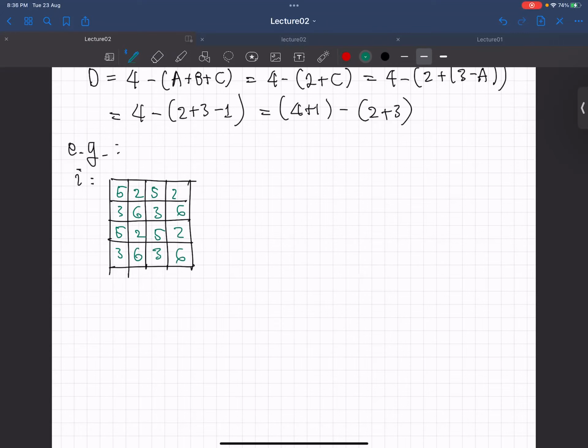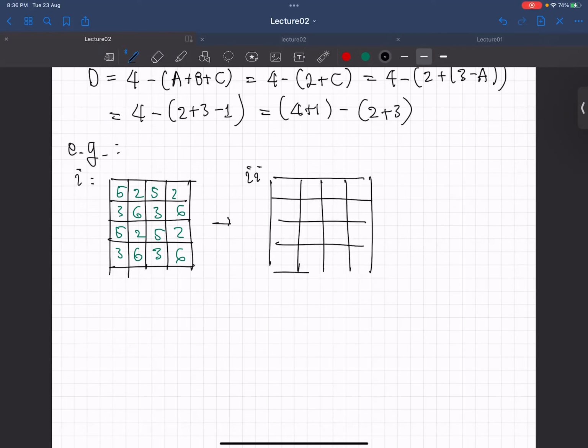So this is your input image pixel values. And if you compute the integral image according to the formulation, you will have 5. What will be the next one? 7. Next after that, 12. Next after that, 14. Down here, 8. Down further, 13. Down further, 16.